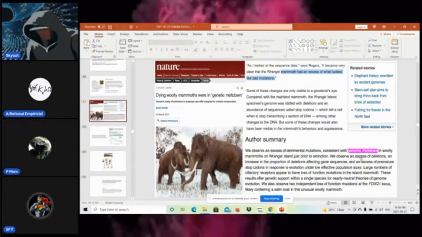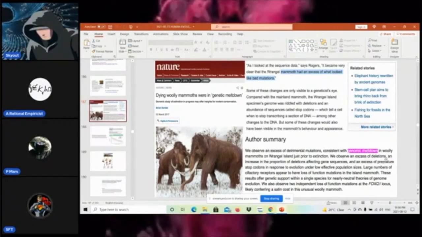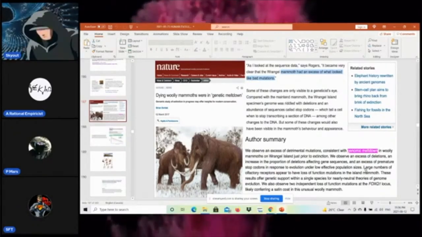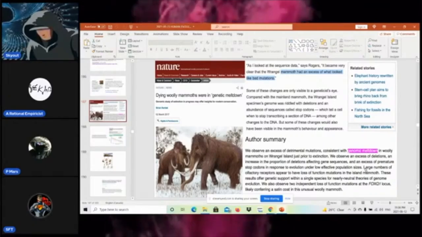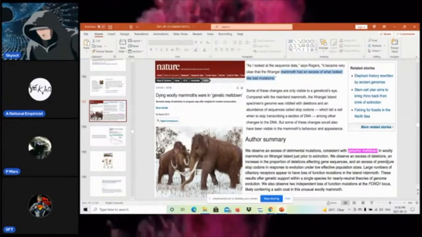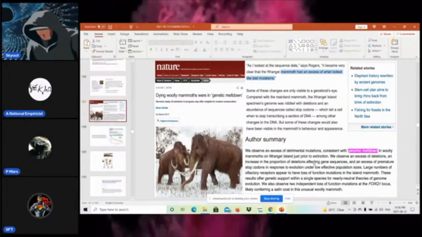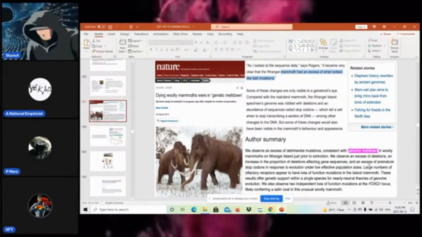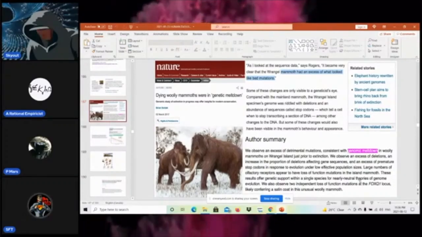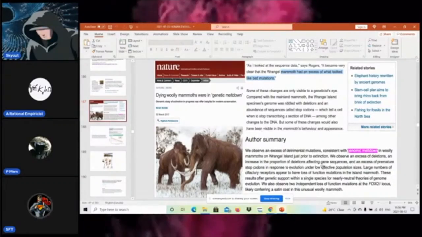We observe an excess of deletions. We actually see that in the human population. I think Kondrashov points out, the average human has, in the thousands of negative broken genes. An increase in the proportion of deletions affecting gene sequences, the excess of premature stop codons. The point is a lot of defective genes.